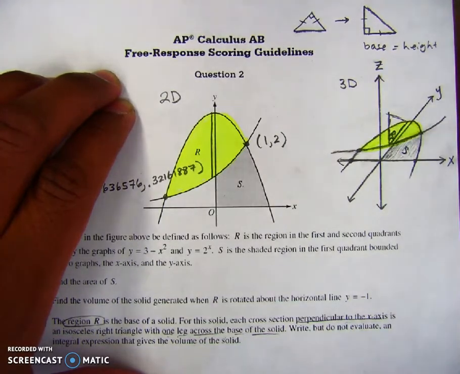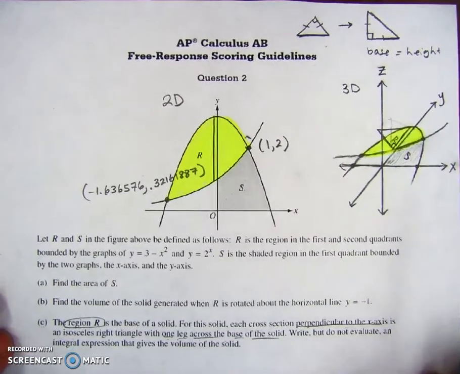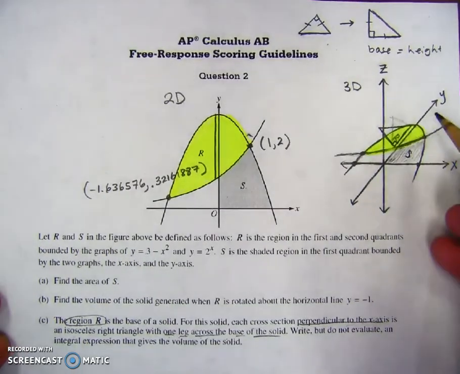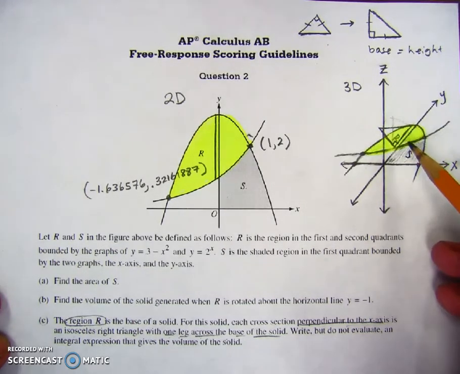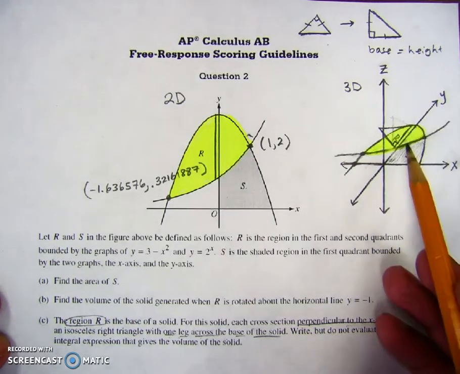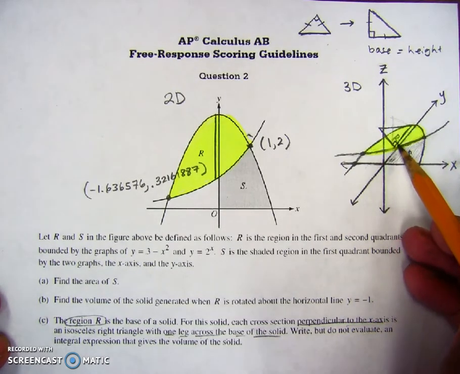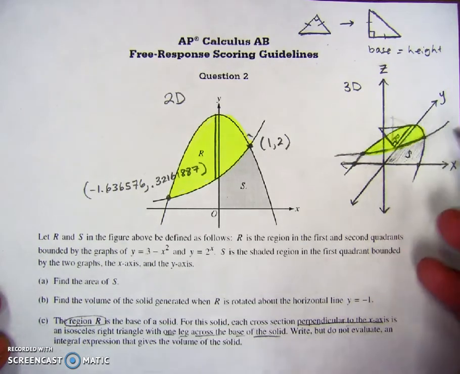Let me try to fix this a little. Hopefully this looks a little better. I should have drawn this height more at an angle. I'm trying to give these triangles the illusion that they're popping out.